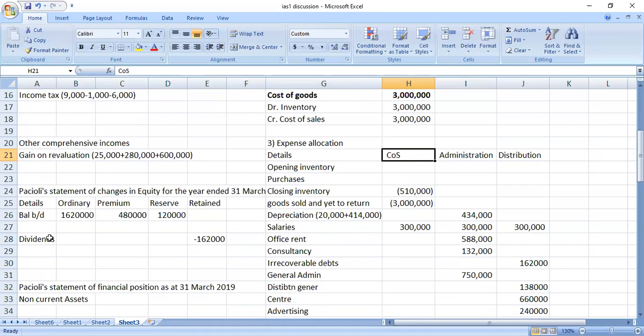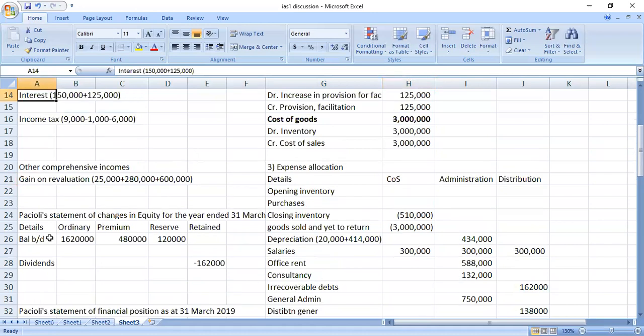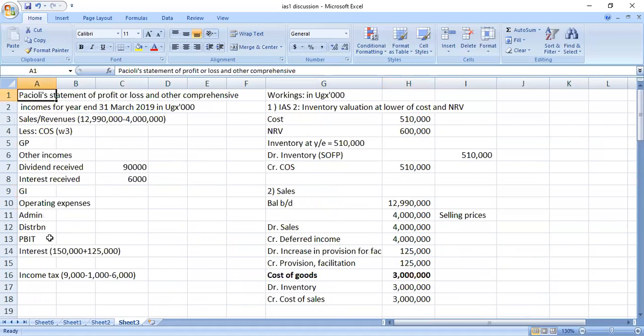Like the previous one where you were scrolling, I saw cost of sales had included the 600, the net realizable value. You mean here, under inventory?